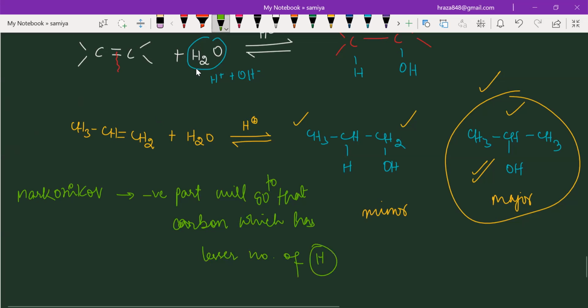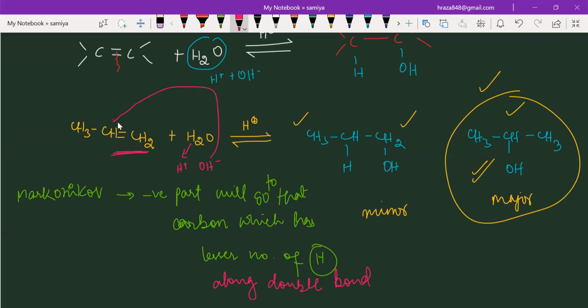So you can see if you are going to dissociate this, this is the positive part and this is the negative part. Along the double bond, along the alkene, you have to see which carbon has lesser number of hydrogen. So you can see this carbon has lesser number of hydrogen. That's why OH will go there.